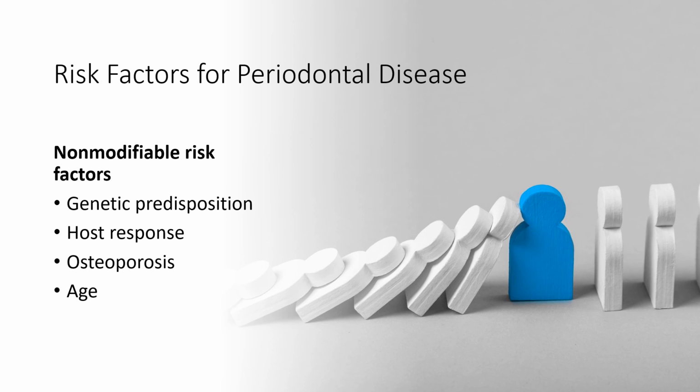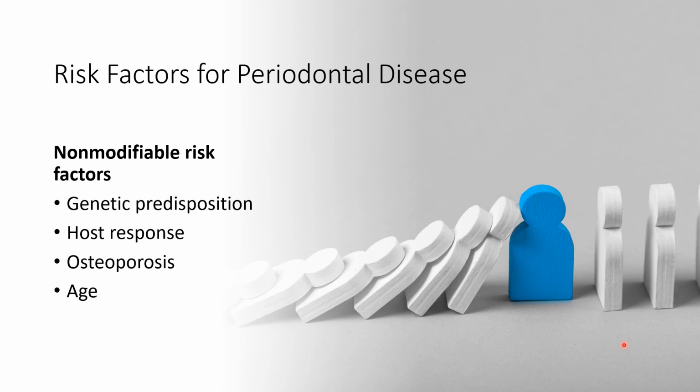Risk factors for periodontal disease. You have non-modifiable risk factors, which include genetic predisposition. Genetic testing can help determine risk related to genetic factors. The host response is the person's immune system and how they respond to the bacteria.